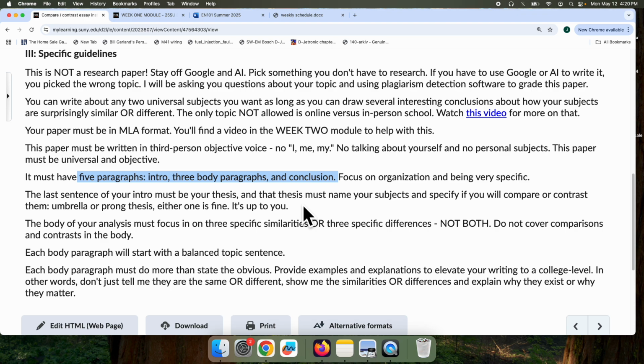AI platforms think compare means to compare and contrast. So don't cover comparisons and contrasts in the body of this paper. You pick one or the other. Each body paragraph will have a clear, balanced topic sentence, and here's the big one here. Each body paragraph must do more than state the obvious. That's why you can't write about online versus in-person school. That is way too obvious.